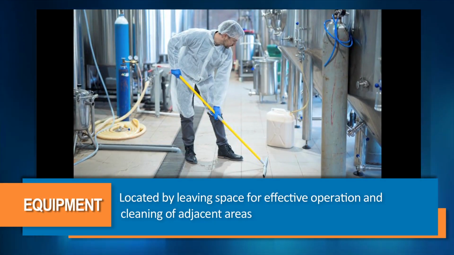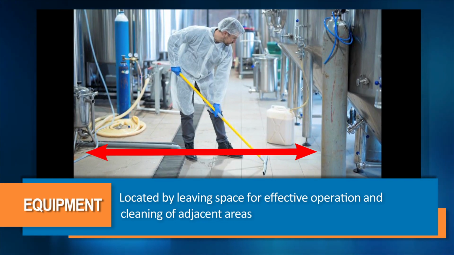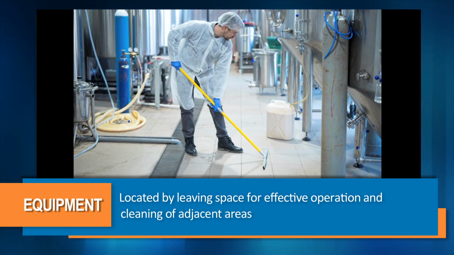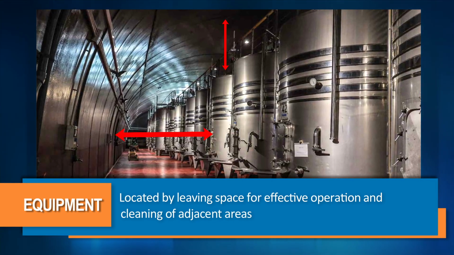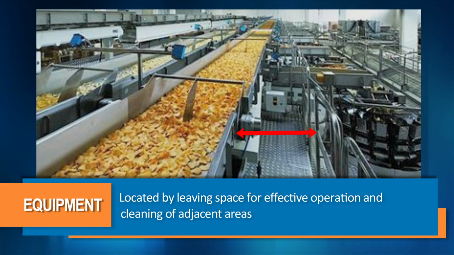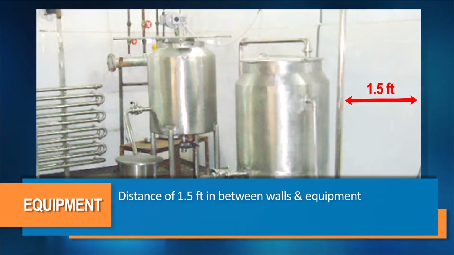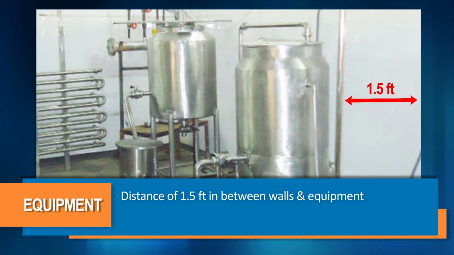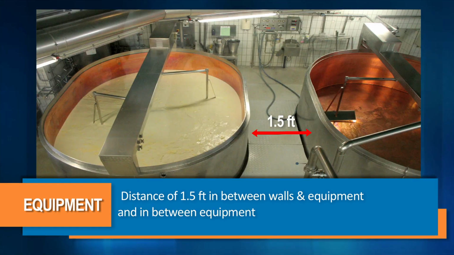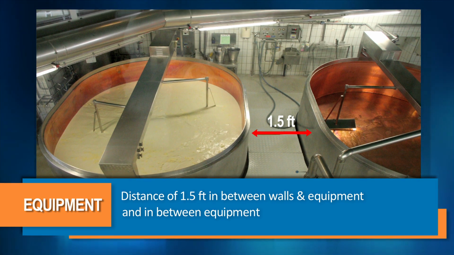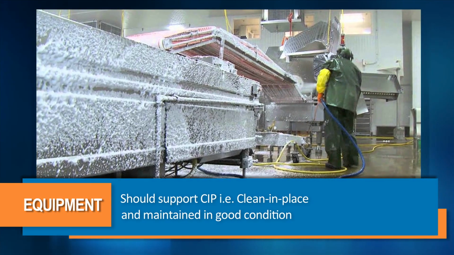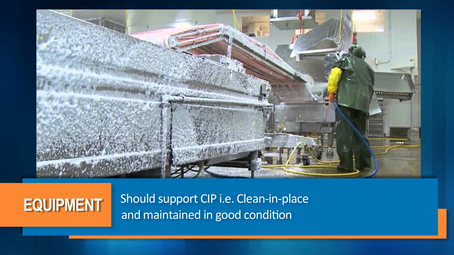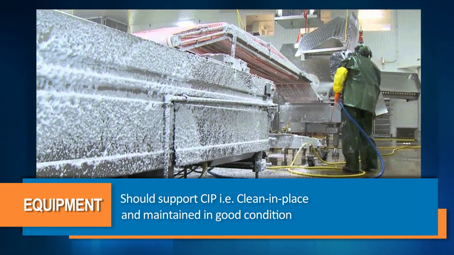It shall be located by leaving space for effective operation and cleaning of adjacent areas like floors, walls, ceilings, and other surfaces. Ideally, a distance of 1.5 feet shall be maintained in between walls and equipment and in between equipments. As far as possible, it should support CIP, that is, clean in place and maintained in good condition.